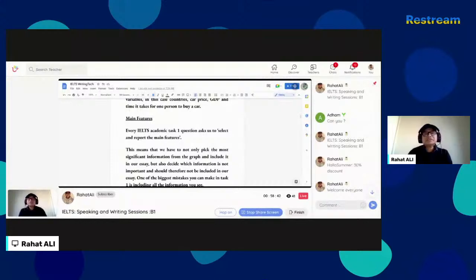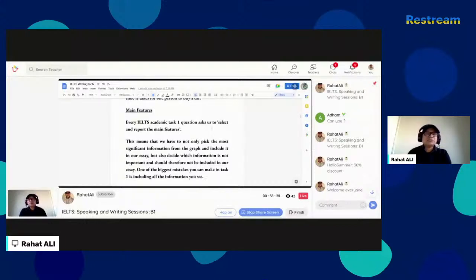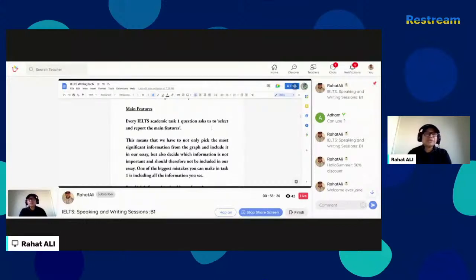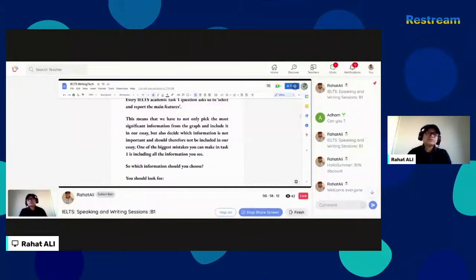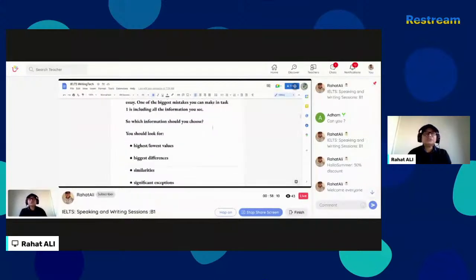This means that we have to not only pick up the most significant information from the graph and include it in our essay, but also decide which information is not important and should therefore not be included. One of the biggest mistakes you can make in task 1 is including all the information you see. So which information should you choose?